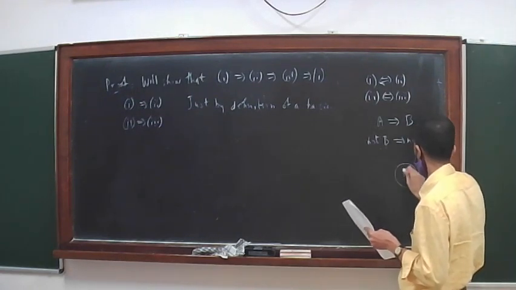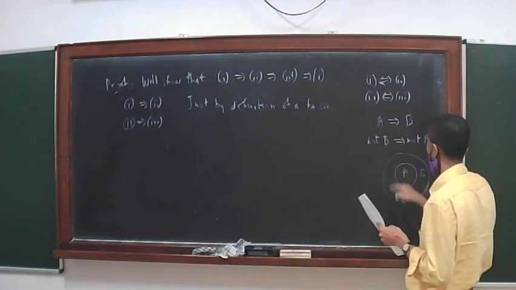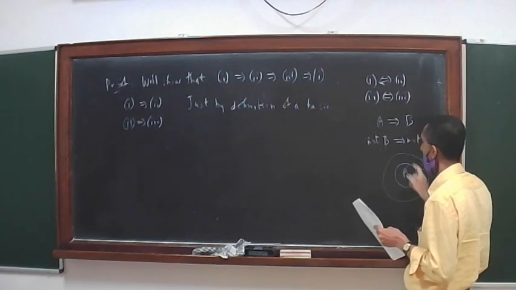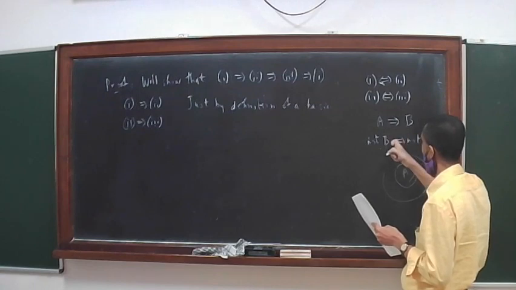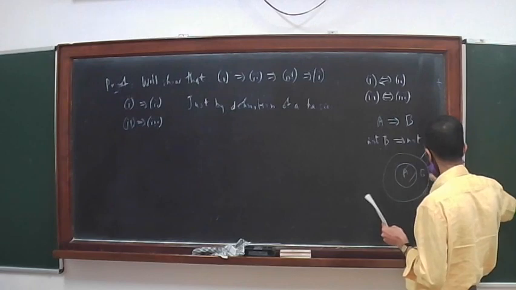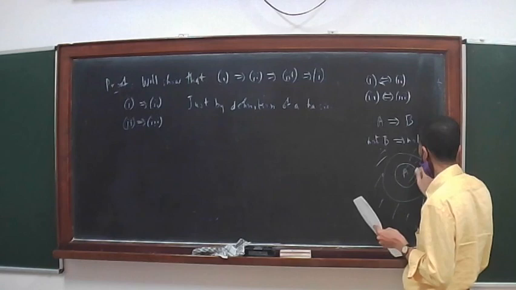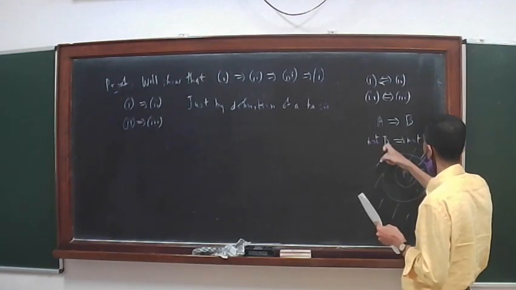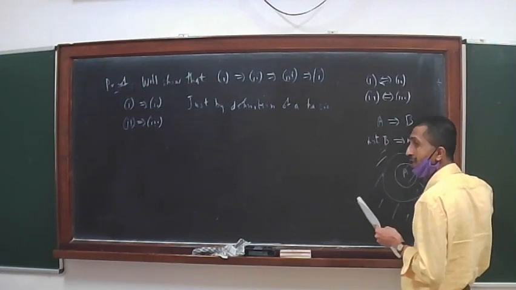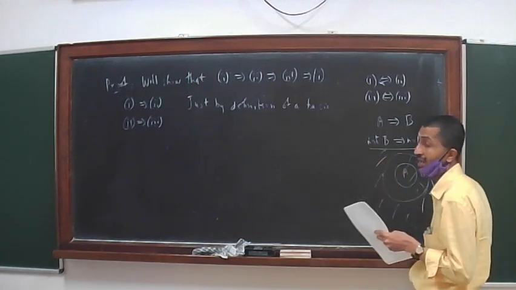You just draw A and then you draw B. A implies B means that whatever is within A lies within B. So what I am claiming is that it is completely equivalent to not B implies not A. Not B is whatever is outside of B, and not A is larger, so not B is contained within not A. So A implies B is the same as showing that not B is in not A. Sometimes it is easier to prove not B implies not A, like in this particular case.